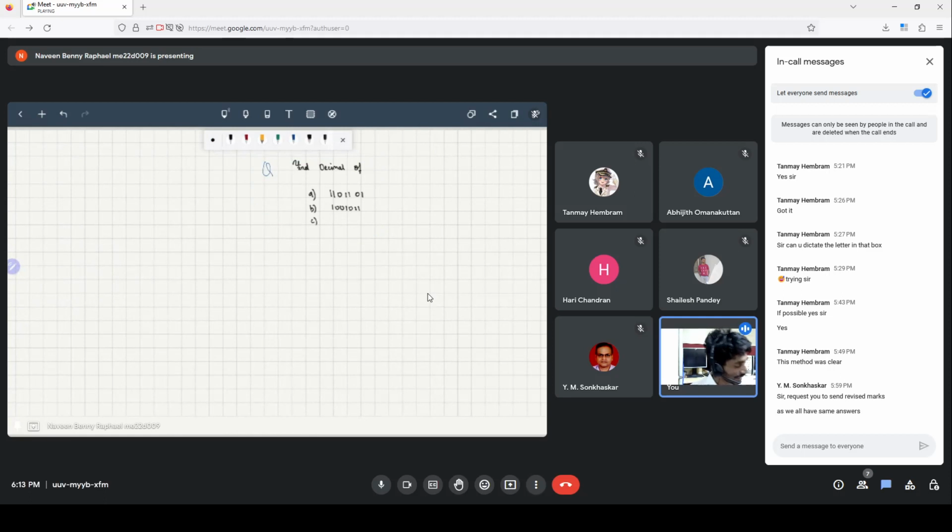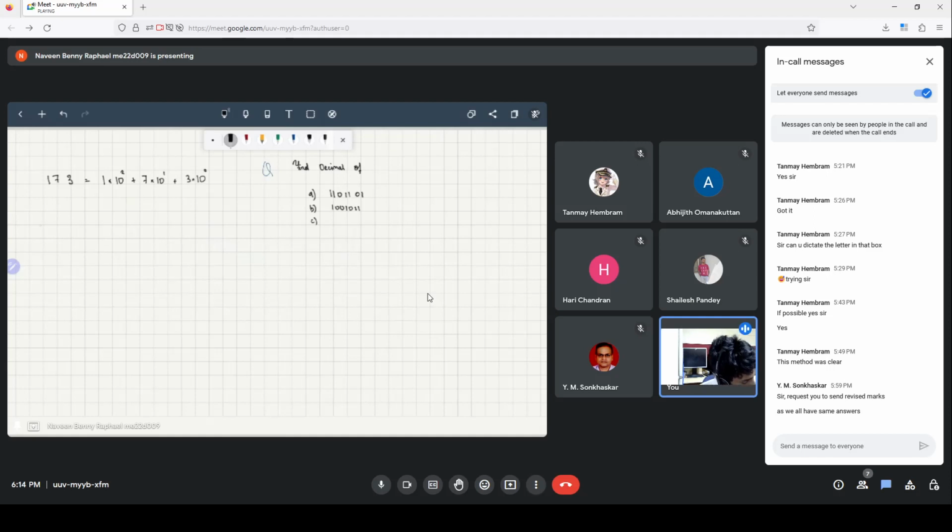But finding decimal from binary has a different procedure. You can't divide in this case, so we start off by writing the place values, what we learned all the way back in second standard. If you take decimals, we know that 173 is 1 into 10 to the power 2 plus 7 into 10 to the power 1 plus 3 into 10 to the power 0.